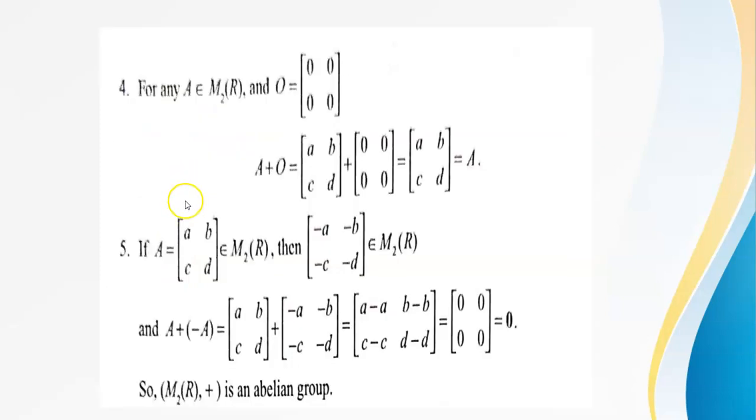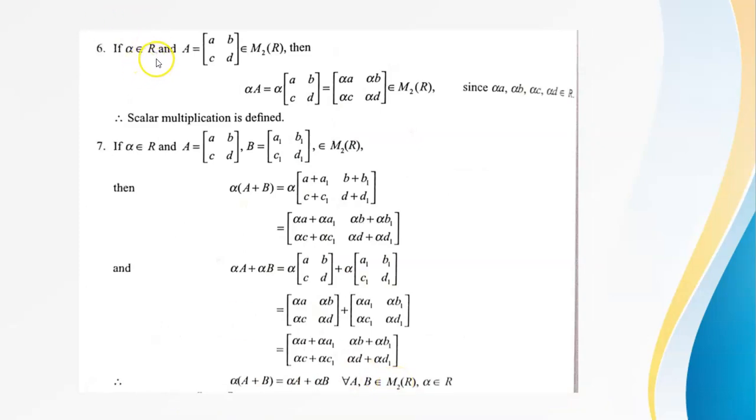Next, if A equal to [a, b; c, d] belongs to M2(R), then we take -A equal to [-a, -b; -c, -d], which belongs to M2(R). Now we are adding A plus (-A) equal to [0, 0; 0, 0]. We are getting the zero matrix. So the above 5 conditions are satisfied. Then we say that (M2(R), +) is an abelian group.